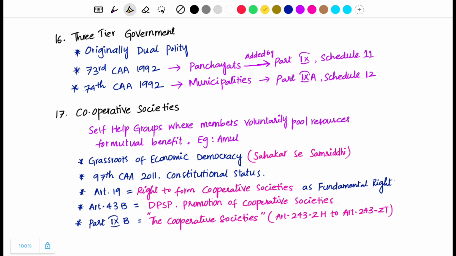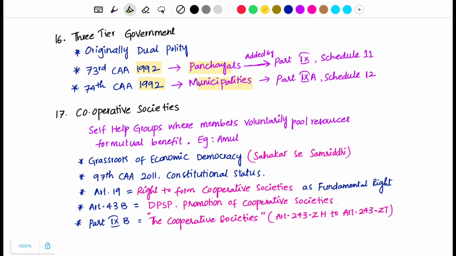Panchayats were added into Part 9 and Schedule 11. You must remember, the 73rd Constitutional Amendment Act 1992 is related to Panchayats, whereas the 74th Constitutional Amendment Act 1992 is related to municipalities. 73 and 74 were made in the same year, 1992. 73 is related to Panchayats, whereas 74 is related to municipalities.